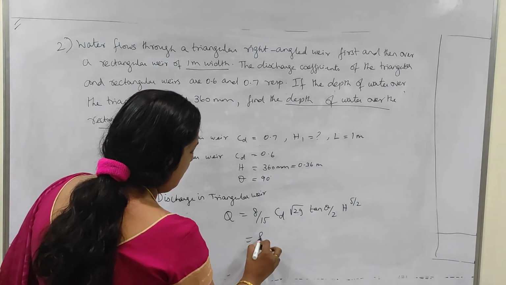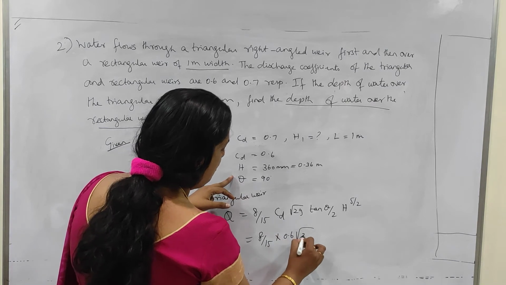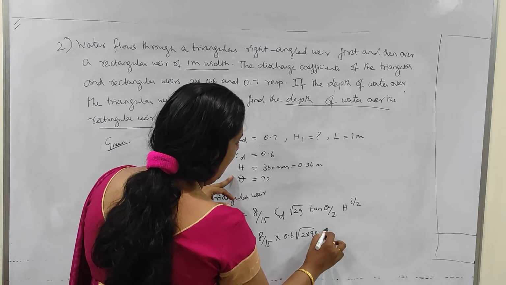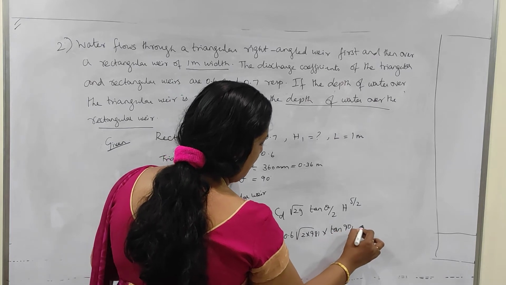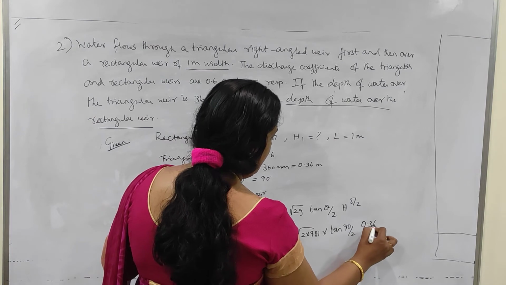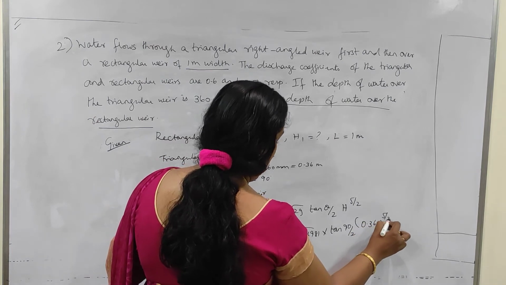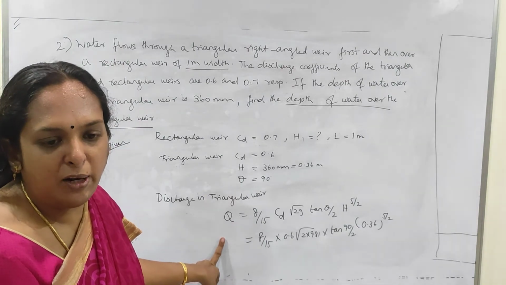So I am going to substitute these values here. 8 by 15, CD is 0.6, root 2g is 2 into 9.81, and tan theta by 2 is tan 90 by 2, which is tan 45, which will be equal to 1. And h is also given, it is 0.36 to the power of 5 by 2. So I can just substitute here.